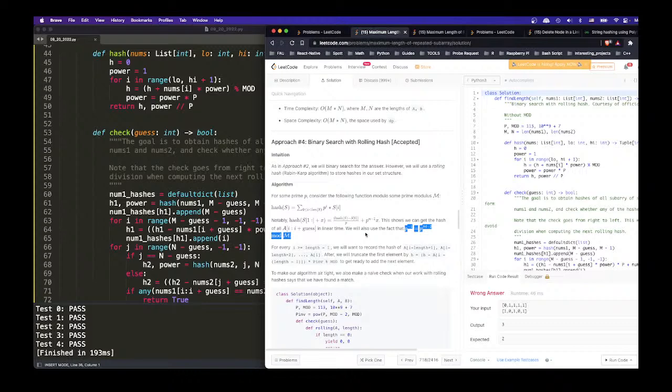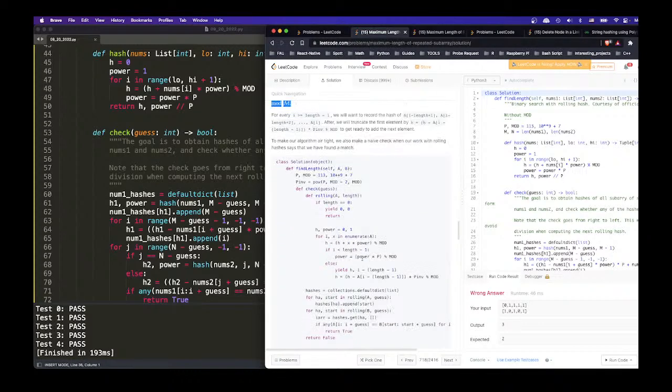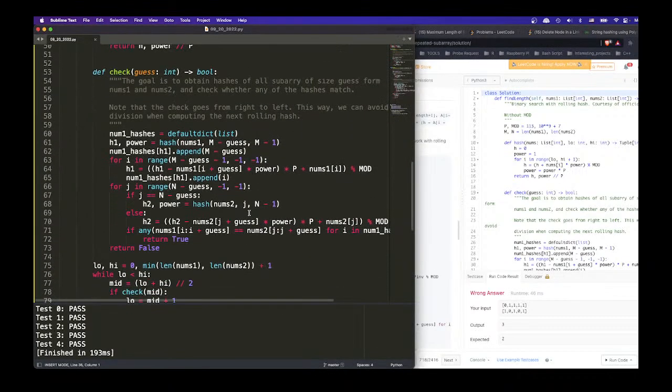Because they have to multiply something as well. In my case, I go from right to left. So every time I minus this, this is the thing I minus. So it's some multiplication, and I times p, and then I add a single one. Then I can mod it. So division and mod doesn't work, but multiplication with mod does work, and this has proved to be correct.